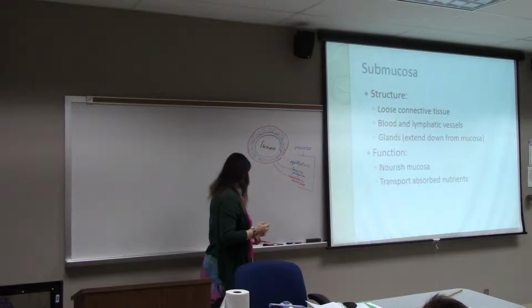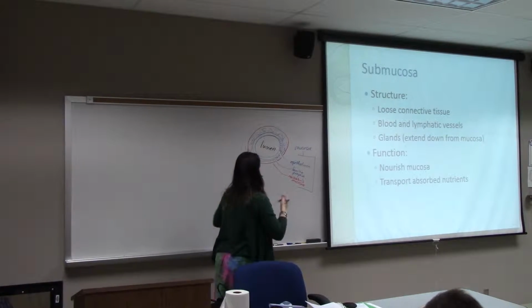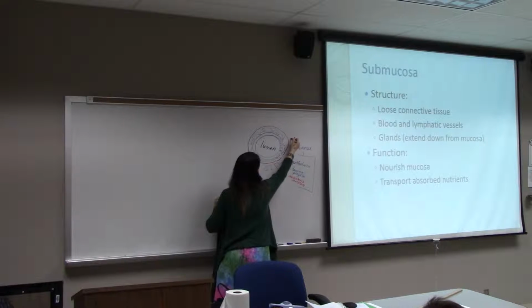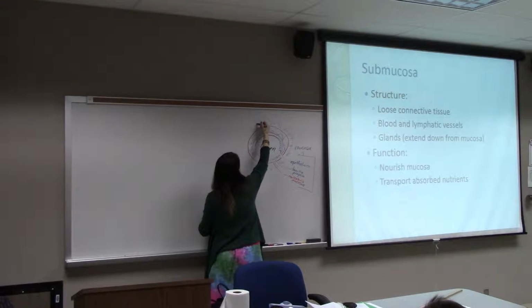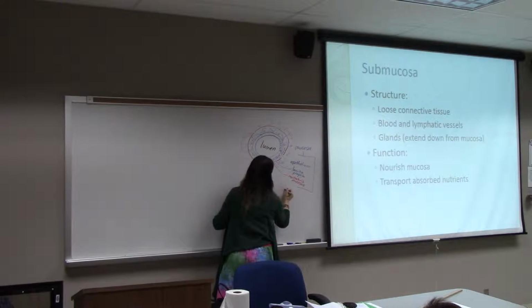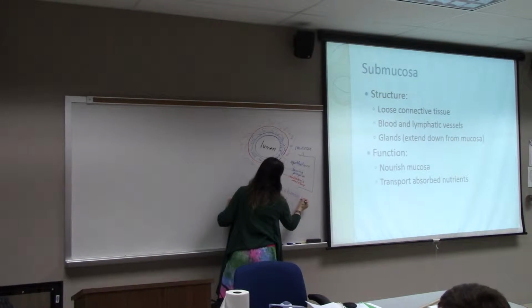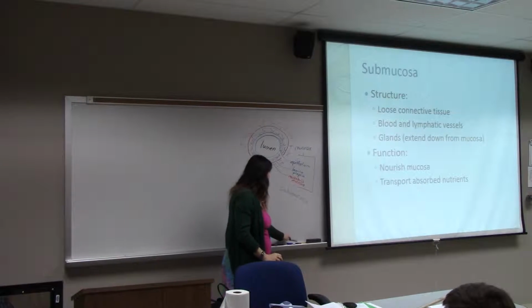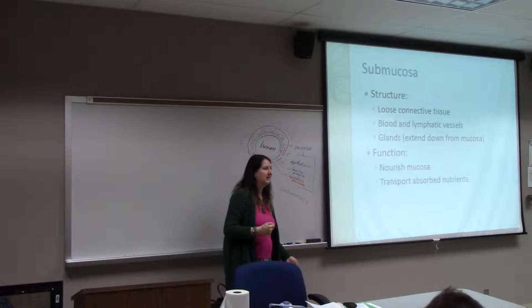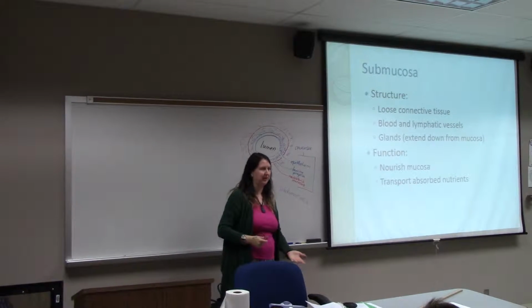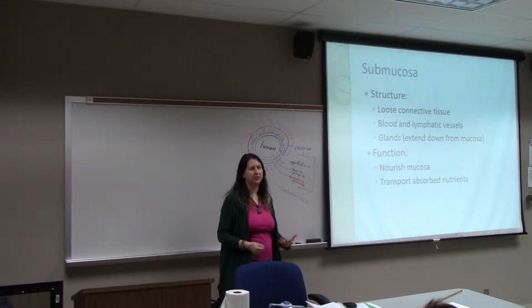Next is the submucosa. It is more loose connective tissue. And it has the larger blood vessels in it to transport the oxygen in, to get to the smaller vessels in the lamina propria, and to transport the absorbed nutrients away.